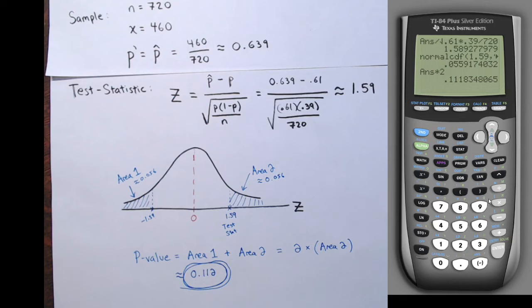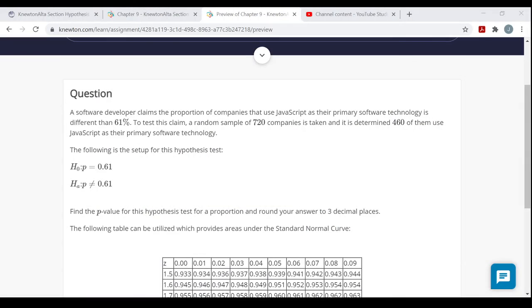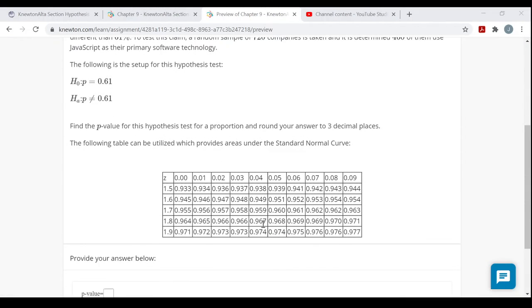Now, if I want to use the table they gave me, just remember that the z-score is 1.59. A typical standard normal curve table gives you areas to the left. So if I go to a z-score of 1.59, see how that gives me 94.4% to the left of 1.59?